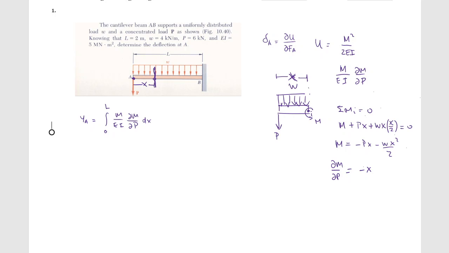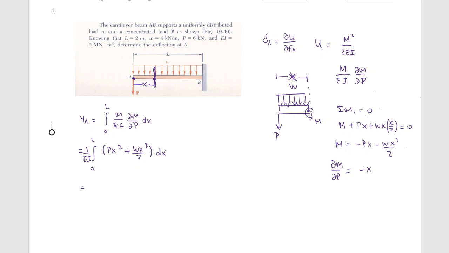This would be 0 for the second term. For the first term, it would be the partial derivative with respect to P, minus x. So I go back to my integral, and this is the integral from 0 to L of Px squared plus Wx cubed over 2, with 1 over EI outside the integral because that's constant, and dx.